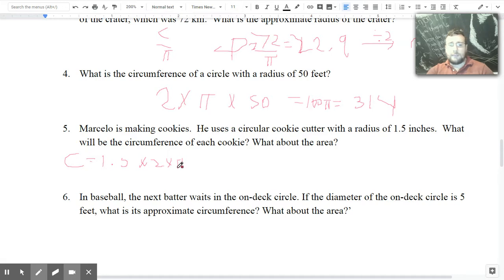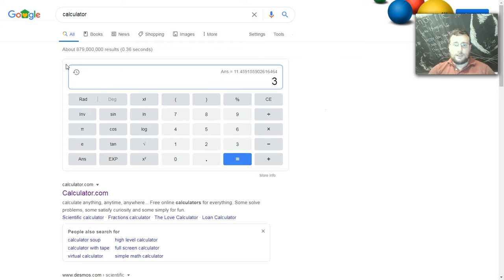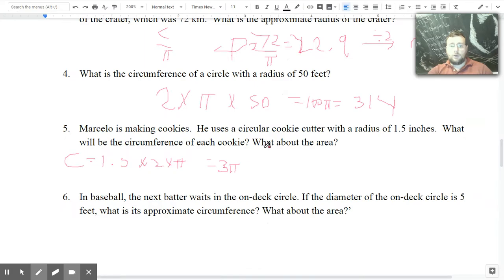It's always good to label so that you don't get mixed up. So that would be the same thing as 3 times pi. Now, since they don't want it in terms of pi, I'm going to actually calculate that. 3 times pi, which is about 9.4.